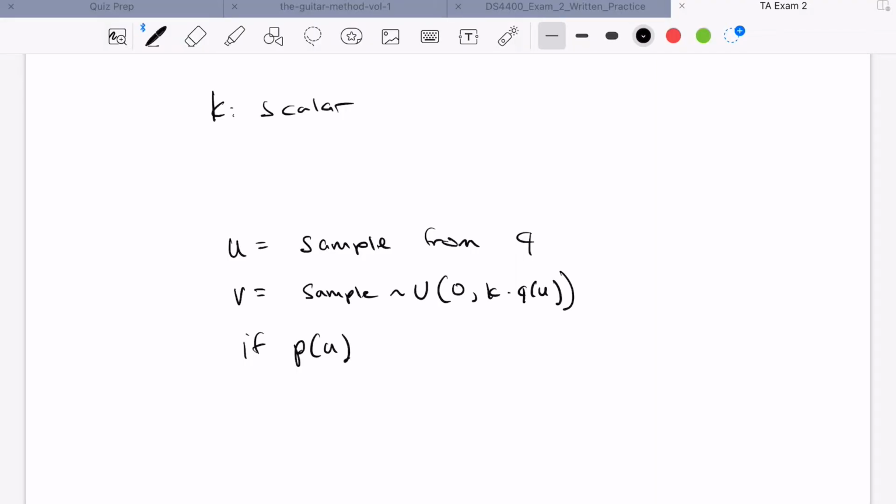If P of U is greater than or equal to V, then we accept U. Otherwise, we reject U.